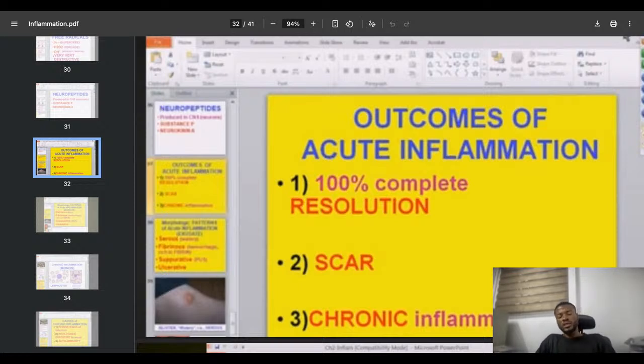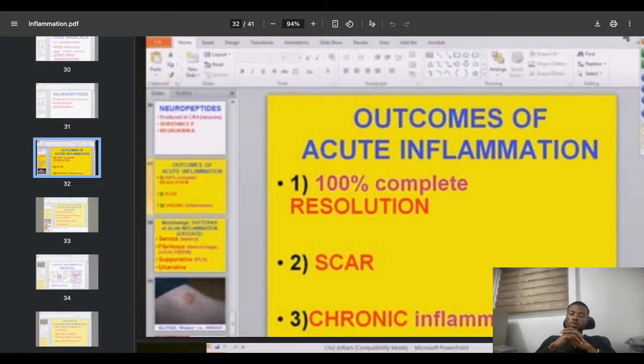Also, there can be an instance whereby after the inflammatory process, there is no resolution. There is no complete resolution. The tissue now is unable to regenerate, to replicate, to make up for the lost cells that died during the inflammatory process, maybe during collateral damage, or during the actual insult, or during the actual bacterial infection.